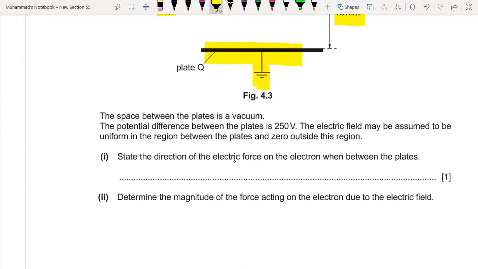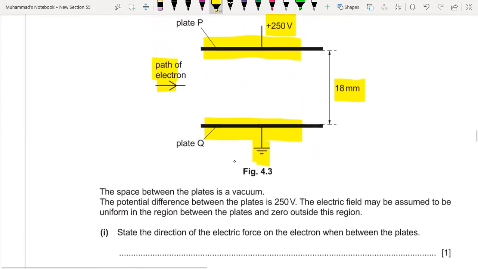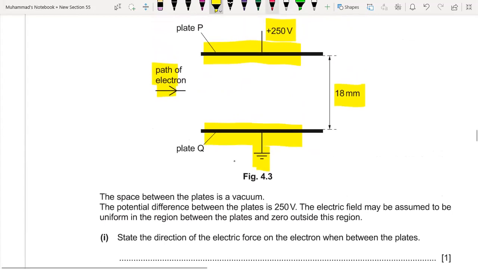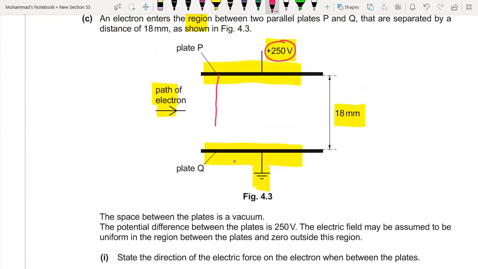State the direction of the electric force on the electron when it is between the plates. First of all, you should know that the direction of the electric field over here is from high potential to low potential. This is the direction of the electric field.